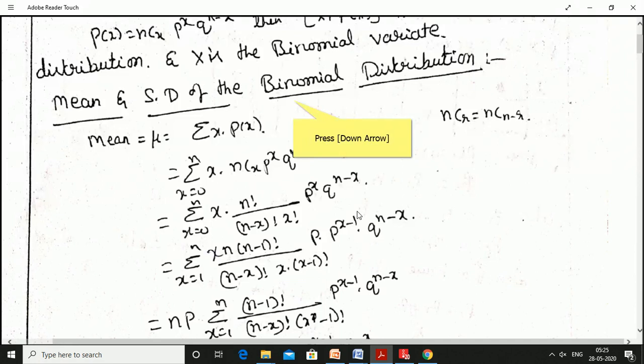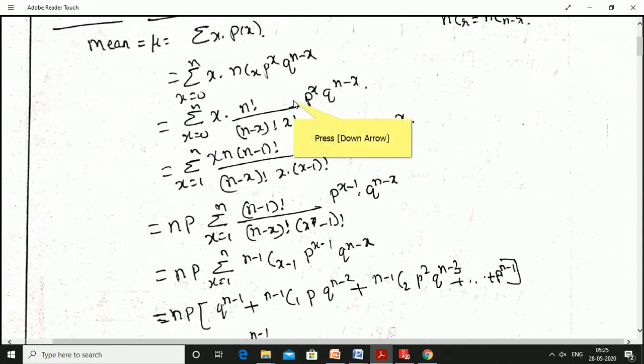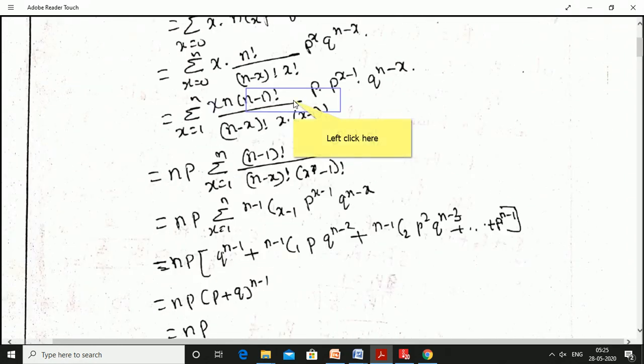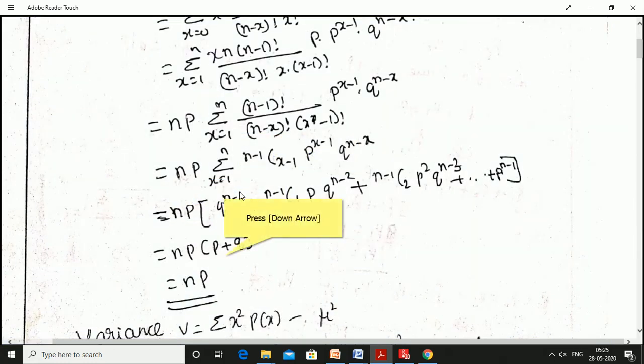Now, you don't need the derivation of the mean and standard deviation. Just know what the mean is. The mean of the binomial distribution is equal to np.